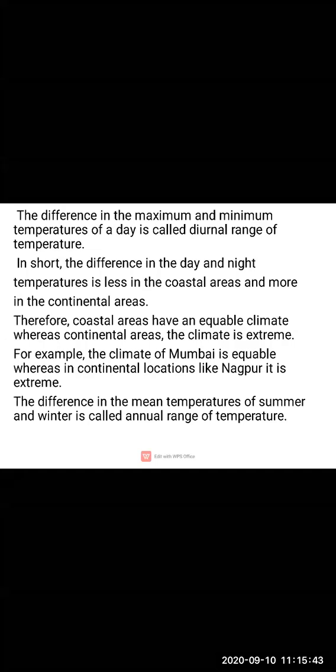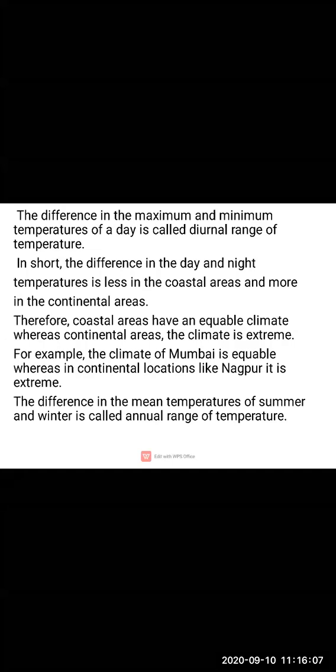And in the winter season, the coldness is also extreme. Those regions receive 5 degrees and 8 degrees temperature during the winter season. So you can observe that the maximum and minimum temperatures are extreme. The climate is extreme in that region.